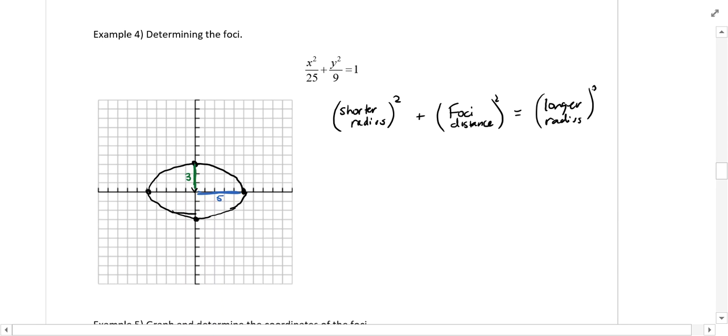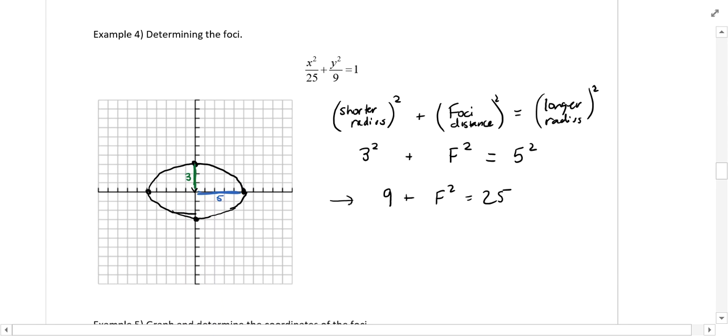So this is really just the Pythagorean theorem. A squared plus b squared equals c squared. My shorter radius is 3. My foci, I don't know, so I'm just going to use f for the moment. And my longer radius is going to be 5. 9 plus f squared is equal to 25.